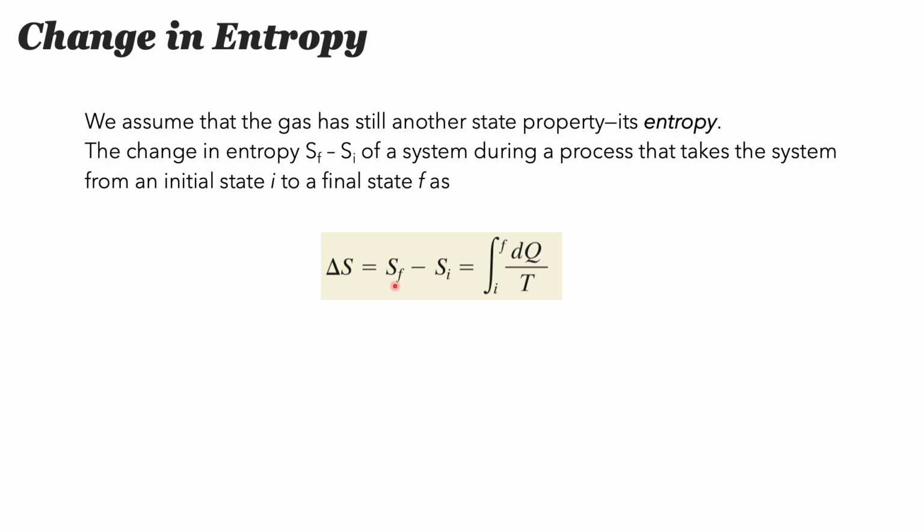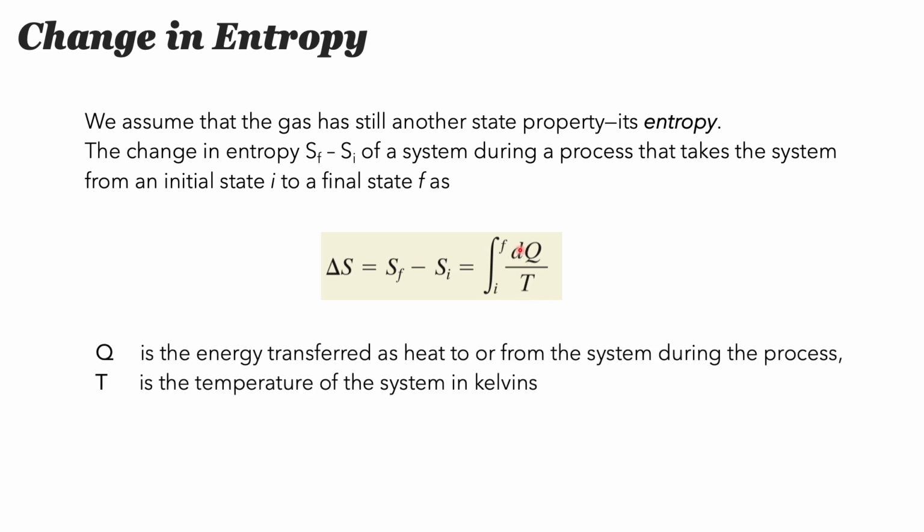If S_f is the entropy of the system at the final state and S_i is the entropy at the initial state, then the change in entropy equals the difference between these two entropies, and it is equal to dQ, the transfer of heat energy from or to the system, divided by T, the temperature in kelvins at which this heat transfer has taken place.